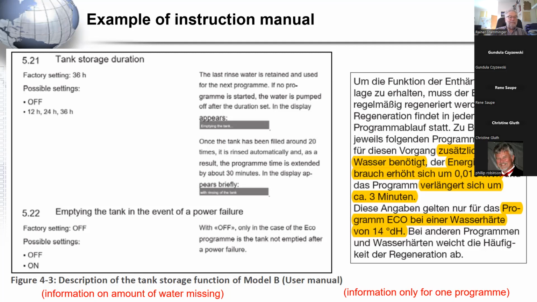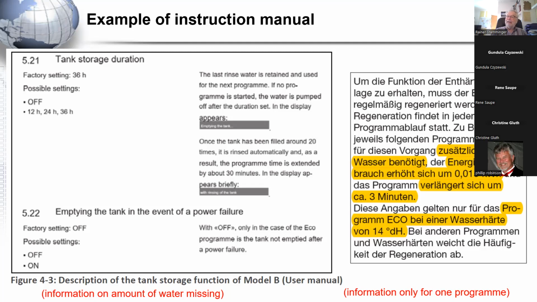What I do not like to see is what is written at the bottom of this box here, that this tank storage emptying is set to off mode only in the case of the eco program. Not emptied after a power failure.